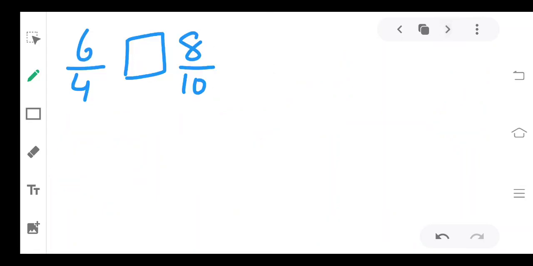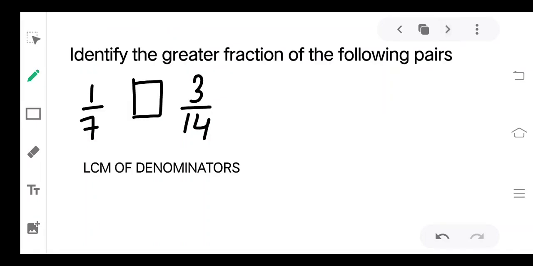Now this is for your practice. You can do this sum by taking the LCM of the denominators and the same process with cross multiplication. Now identify the greater fraction of the following pairs.